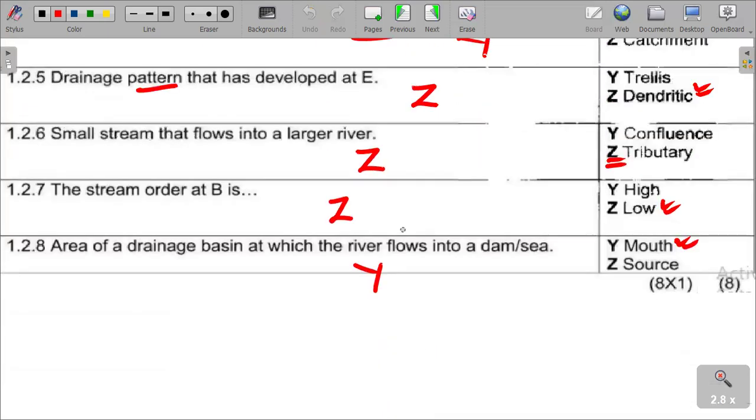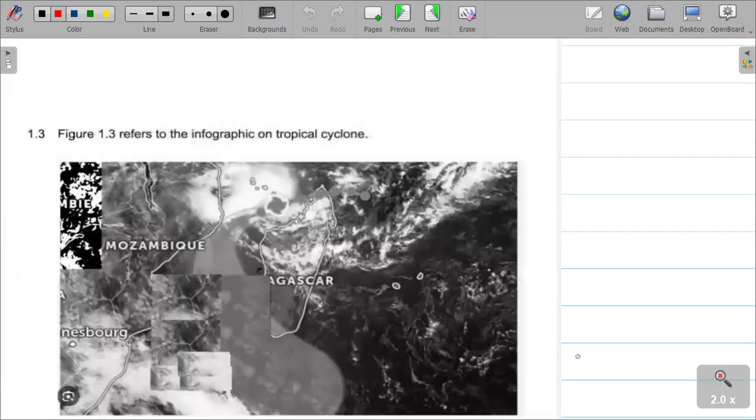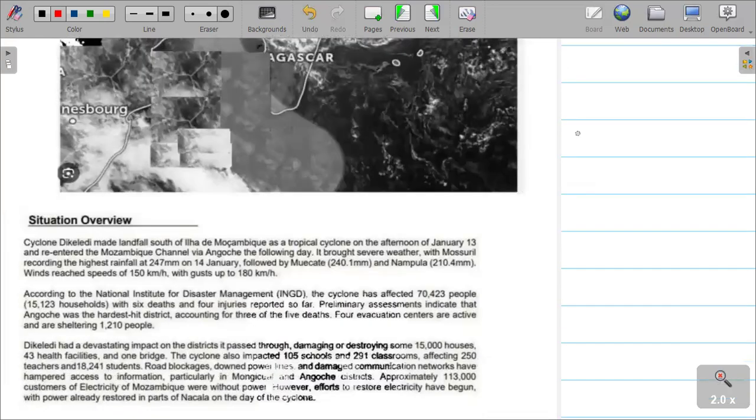We have got the next question that we need to answer again, which is question 1.3. It refers to tropical cyclone. I have answered another question similar to this one from Gauteng province. So now we are saying a situation overview. Cyclone Dikeledi made landfall south of Mozambique as a tropical cyclone on the afternoon of 13 January and re-entered the Mozambique Channel the following day.